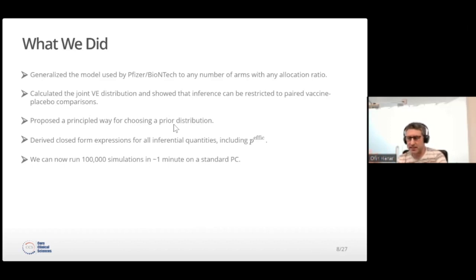This will have crucial implications on our computation time. And as things stand now, we can easily run 100,000 simulations in around 1 minute on a standard PC, specifically on my laptop here, a Lenovo laptop with 20 logical cores.